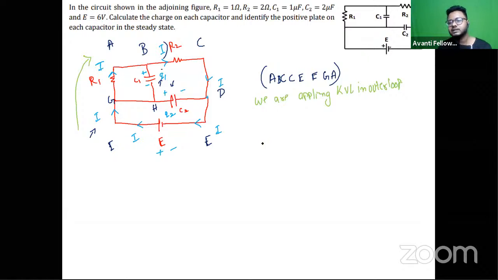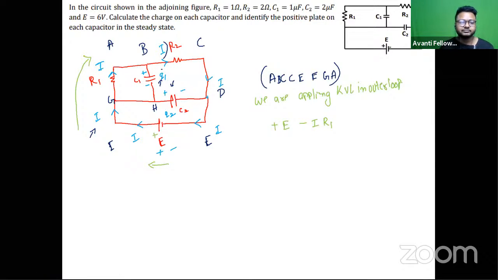We have two types of sign convention, right? I use such a sign convention in which, when we are going from outside of the positive plate, I'll write plus E. Since I am coming outside of the plate, and now I'm going towards the current direction, I'll write minus I into R1. Am I correct, guys?